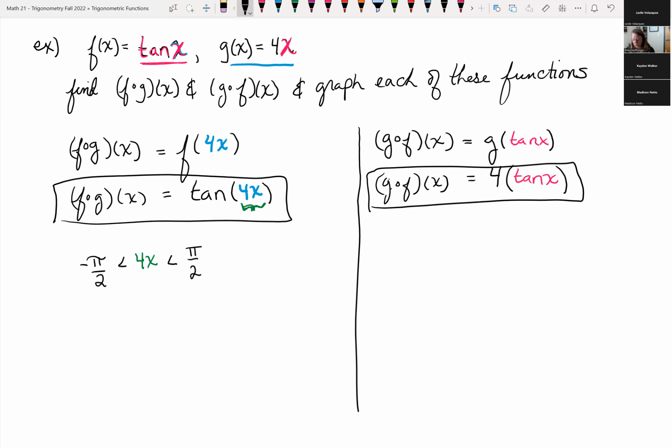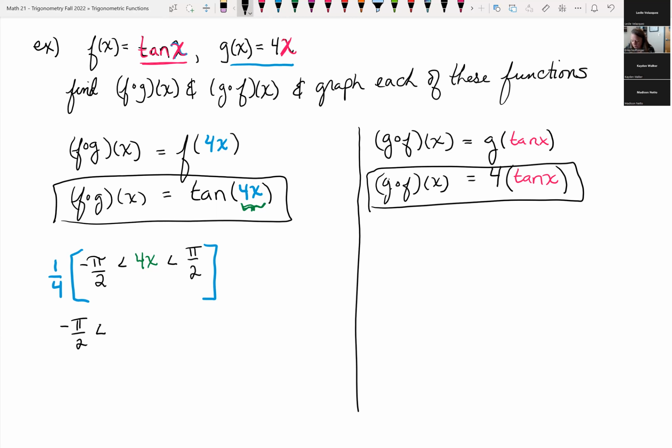So I could get rid of the 4 in front of the x by dividing everything through by 4. Or another way to think of that, since we're dealing with fractions on each side of the inequality, let's multiply everything through by 1/4. And so if I multiply 1/4 by negative pi halves, this gives me negative pi eighths.